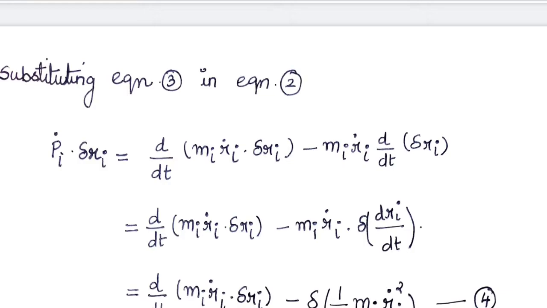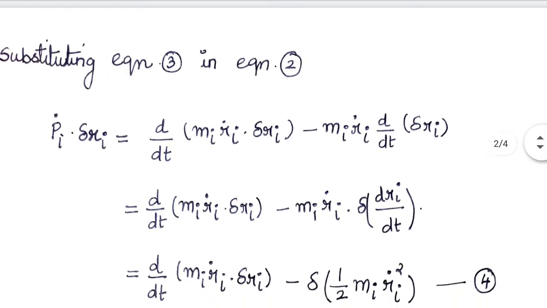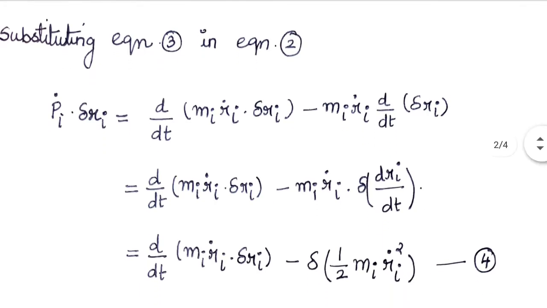We can't change the first term. In the second term, we write Mi Ri dot, and there is a rule where differentials can be exchanged. By that rule, we interchange delta and d by dt. By interchanging, we take the delta outside and make d Ri by dt.